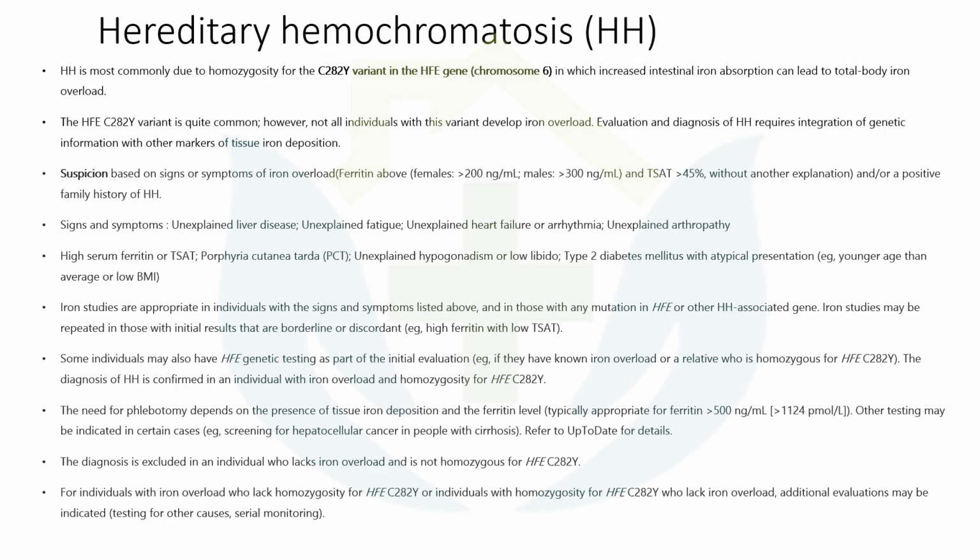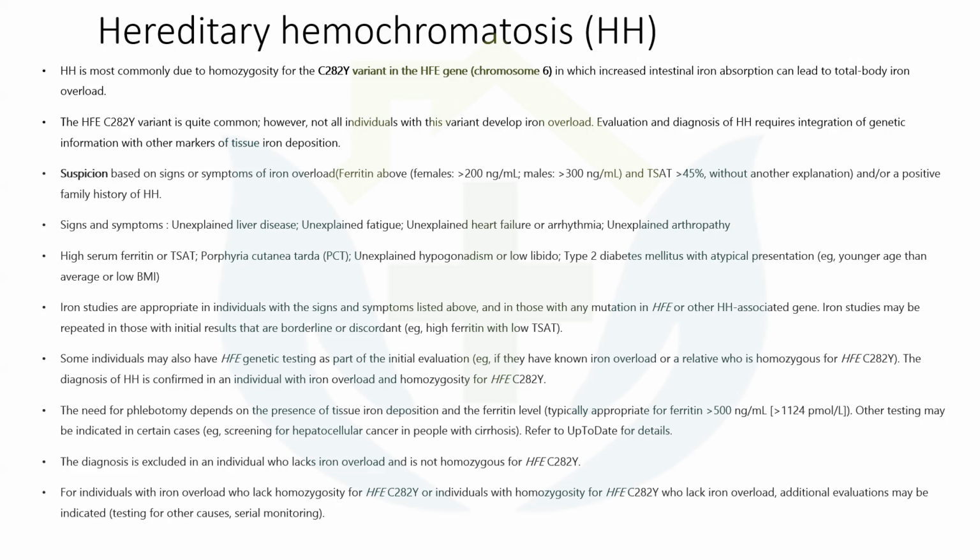On the iron profile, ferritin is high and transferrin saturation is greater than 45, but we don't have any other explanation for this. In those cases we have to suspect hereditary hemochromatosis.